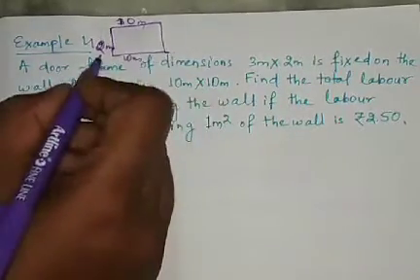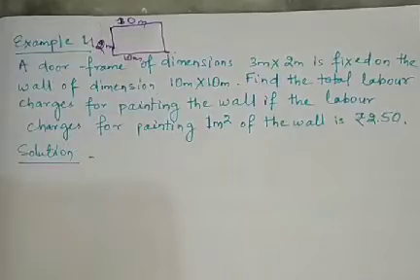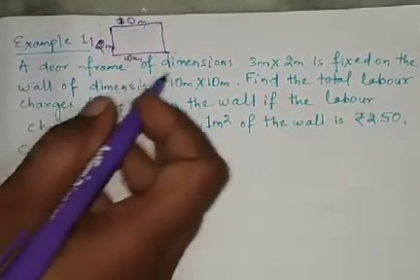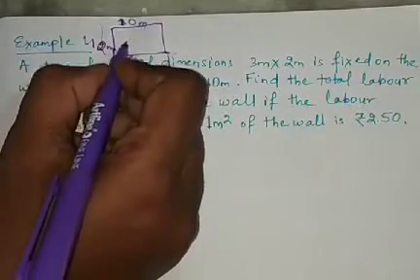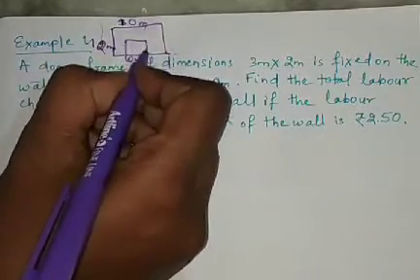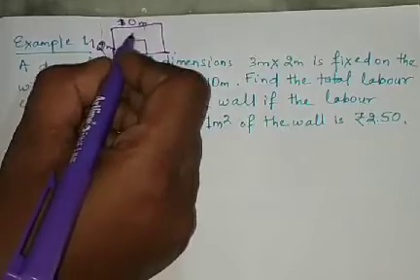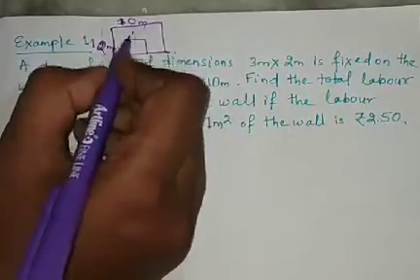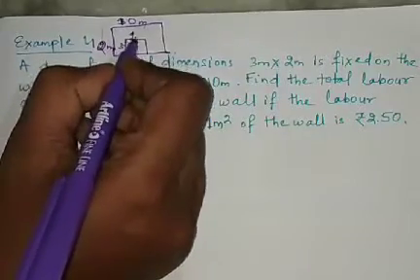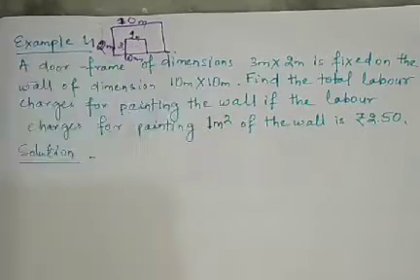Length is 10 meter, breadth is also 10 meter. A door frame is fixed on the wall. So here I am drawing the door frame. This door frame is 3 meter and 2 meter.